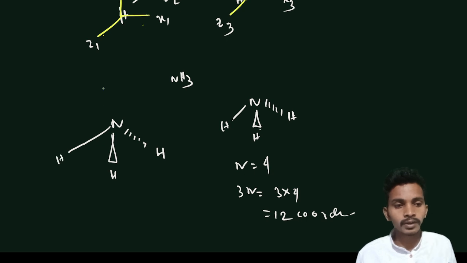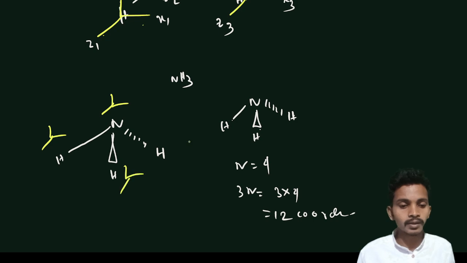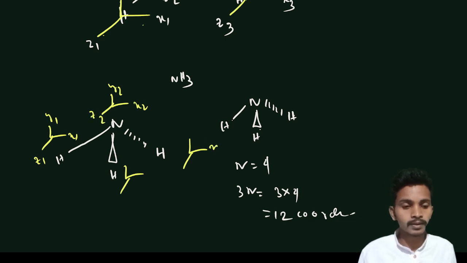So here one coordinate set will be there, here one, here one, here one. So x1, y1, z1, then x2, y2, z2, x3, y3, z3, and x4, y4, z4. So this is 3, 6, 9, 12. So 12 coordinate systems are there, likewise.